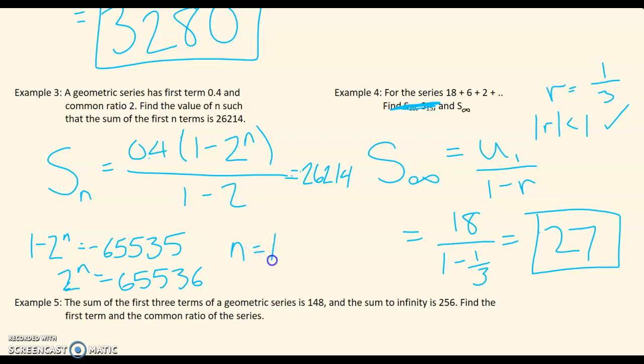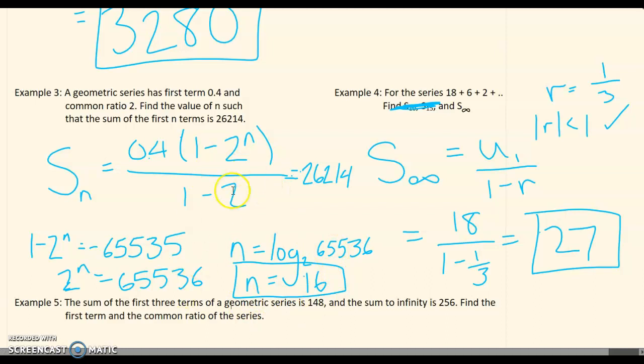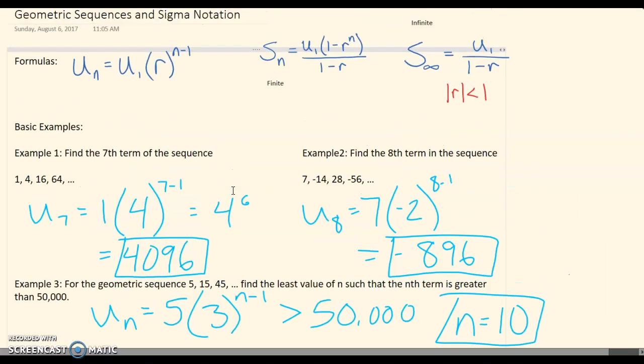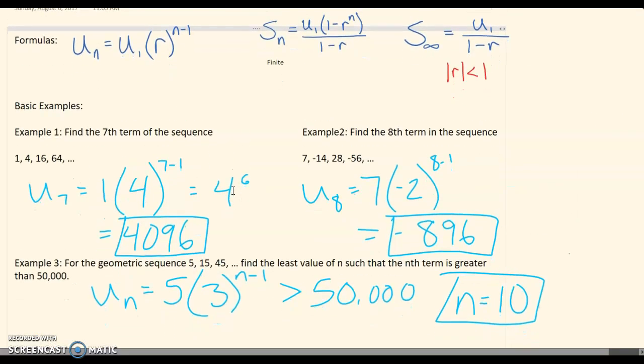So n is equal to log 2 of 65,536, which I believe is 16, if I remember. Yep, it's 16.